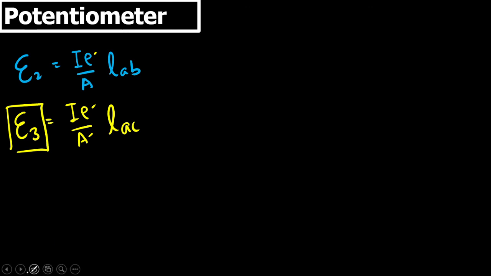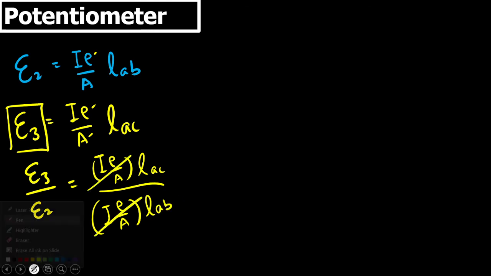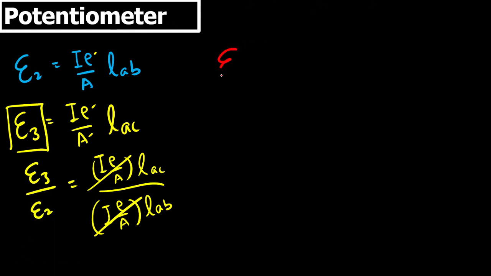I personally would take epsilon 3 over epsilon 2. Let's expand that: I rho over A times L_AC, over I rho over A times L_AB. I can cancel those out, and what I have at the end is epsilon 3 is equal to epsilon 2 times L_AC over L_AB.